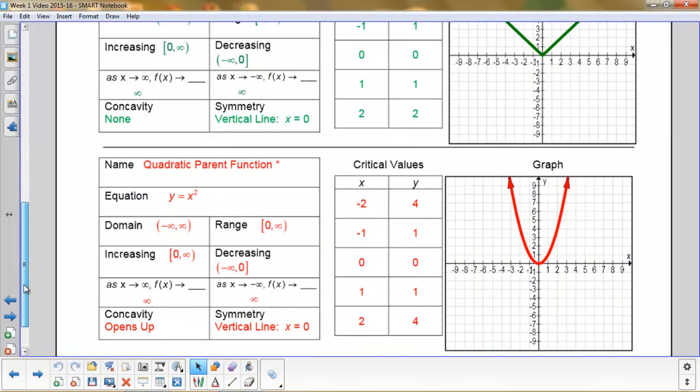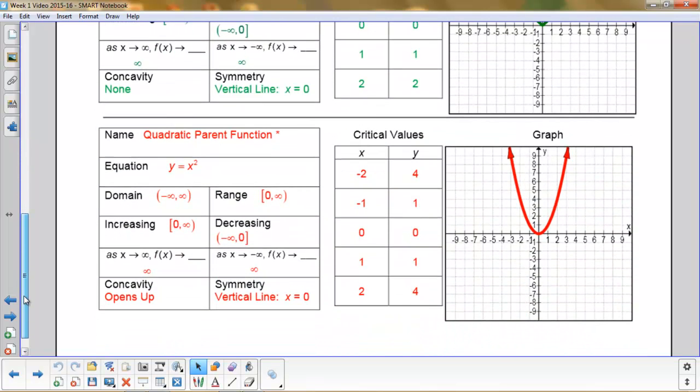All right, moving down here, our next parent function is our quadratic parent function, y equals x squared. The domain and range are negative infinity to positive infinity and 0 to infinity. The nature of this graph shows a curved line. This is our first parent function that has a curved surface as opposed to a straight line.